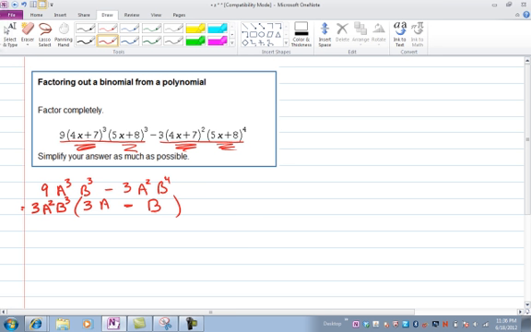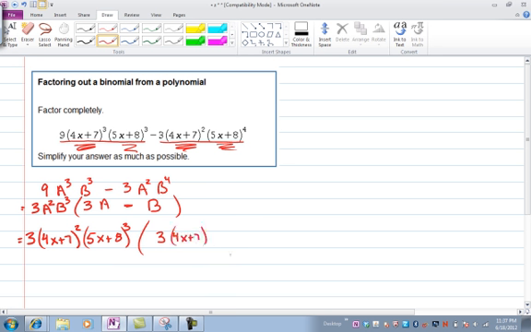Now we can put it back together and say, well, now that equals 3. A was 4x plus 7. That was quantity squared. B was 5x plus 8. That was quantity to the third. And then we have 3a, that's 3 times the quantity 4x plus 7.